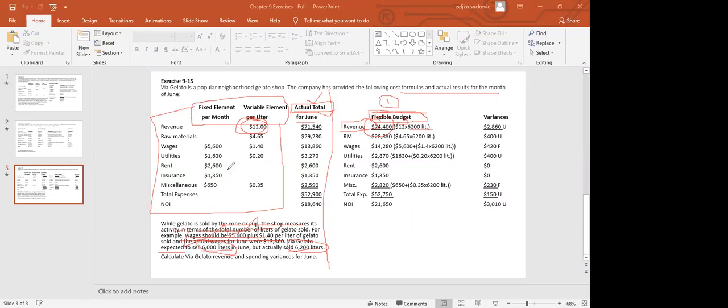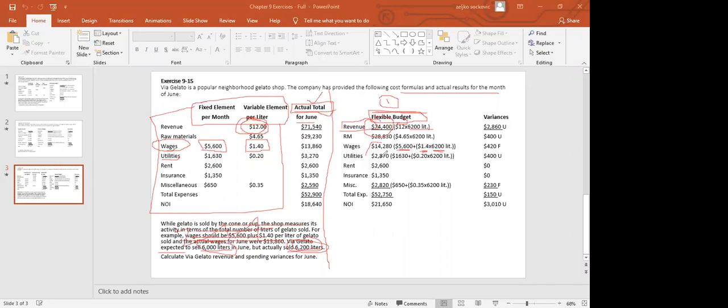Okay, let's go to some other item. Let's go to wages. Wages are fixed, $5,600 plus $1.40 per liter of gelato. So 5,600 plus 1.40 times 6,200, again actual activity.